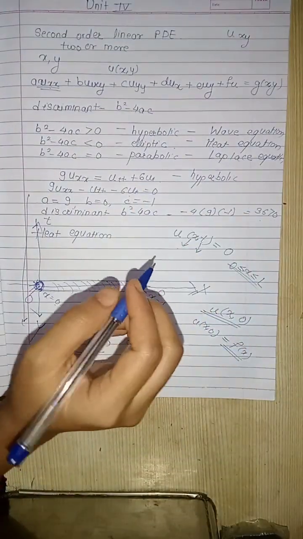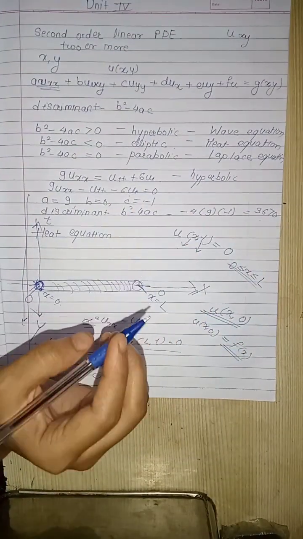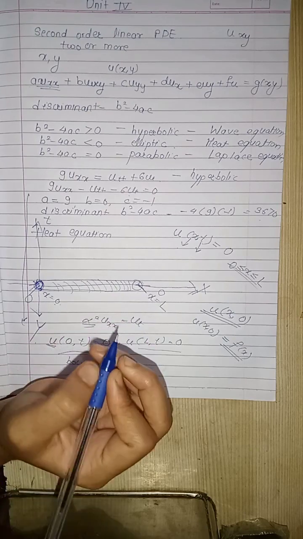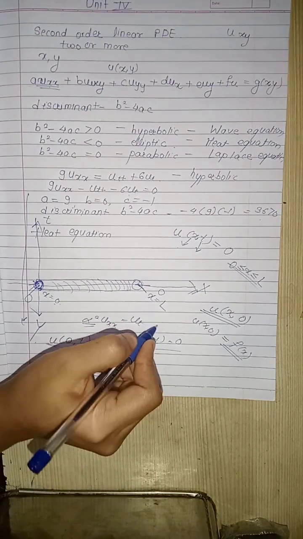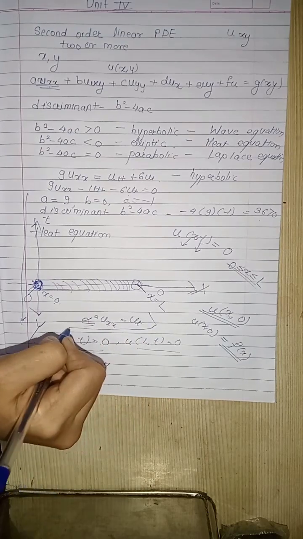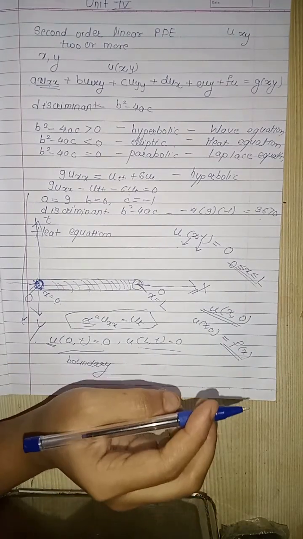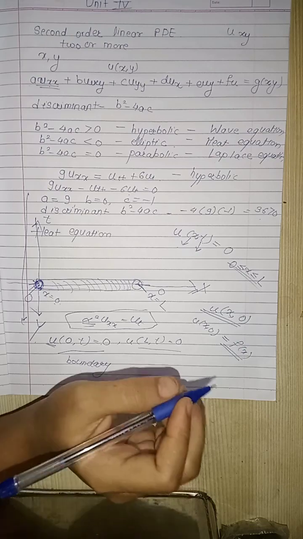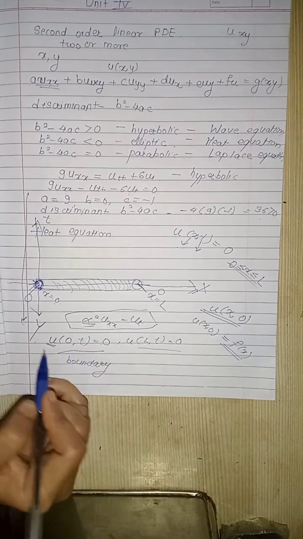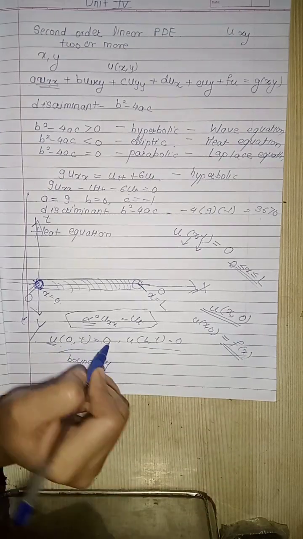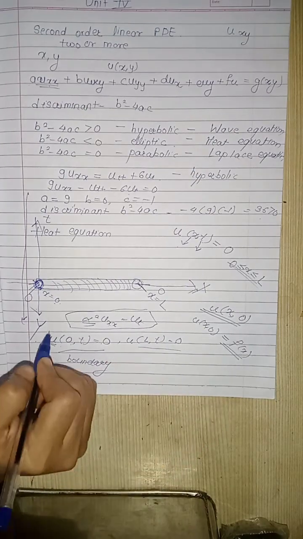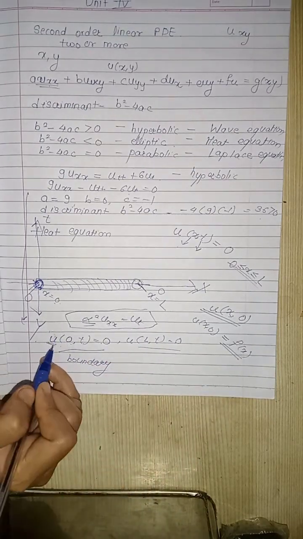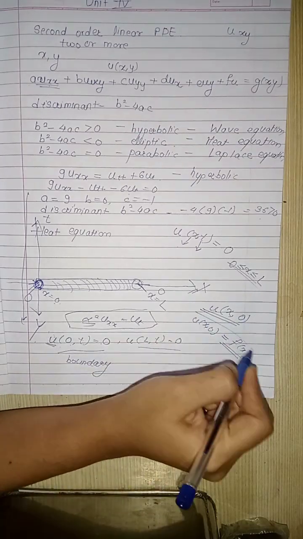Finally, you can conclude the three points with respect to the heat conduction equation. The heat conduction equation is given by alpha square u_xx equals u_t. The boundary conditions for that equation are u(0, t) equals 0 and u(L, t) equals 0, and the initial condition is this one.